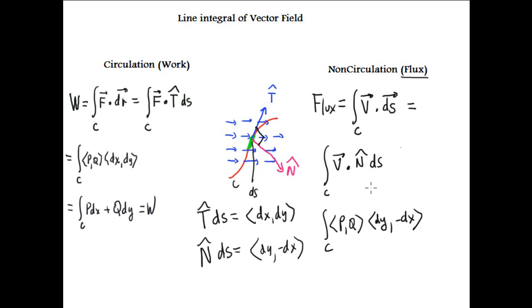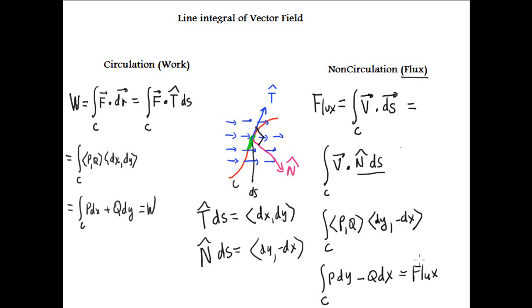This is the vector representation. And now when you perform the dot product it is P dy minus Q dx. It's a formula to compute the flux using the line integral of the vector field.